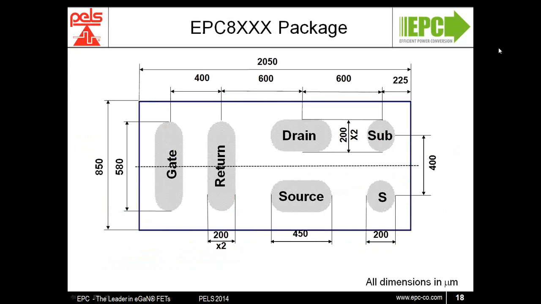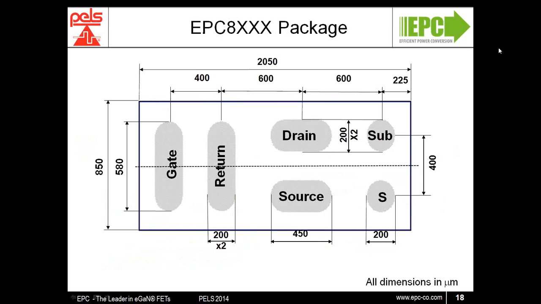If we now look at the EPC 8000 series package, unlike the Generation 2 device shown in the previous slide discussing inductances, we can see that the gate and gate return are running parallel to each other on the left-hand side of the device.